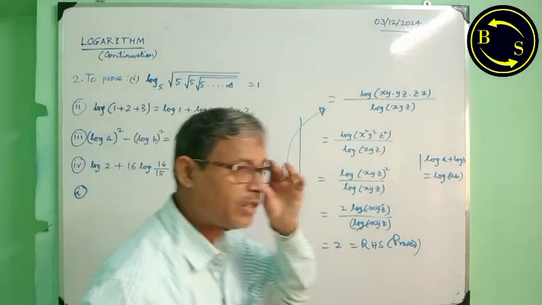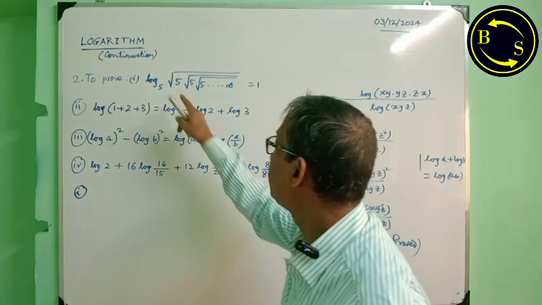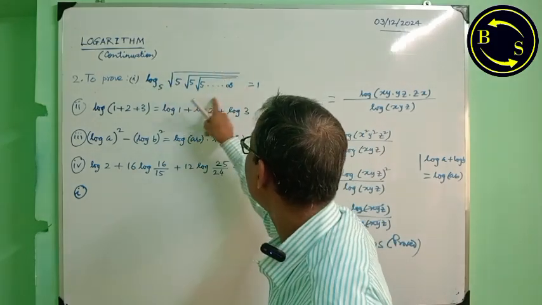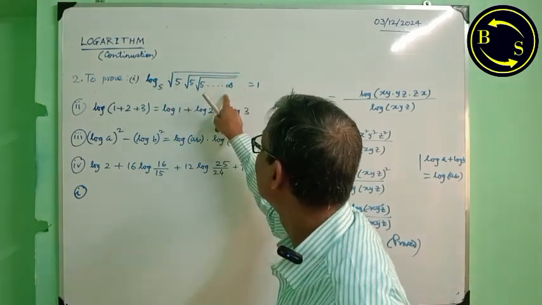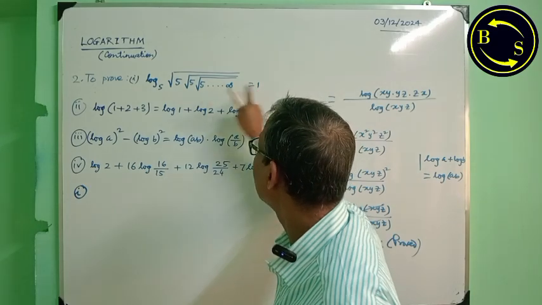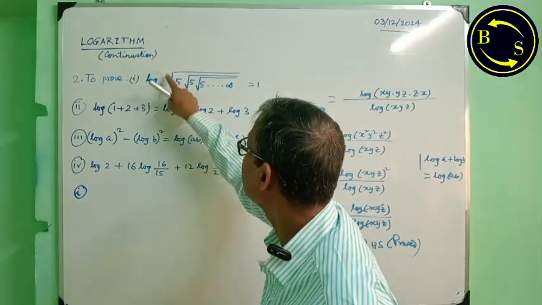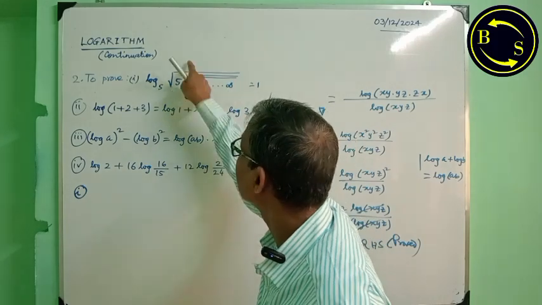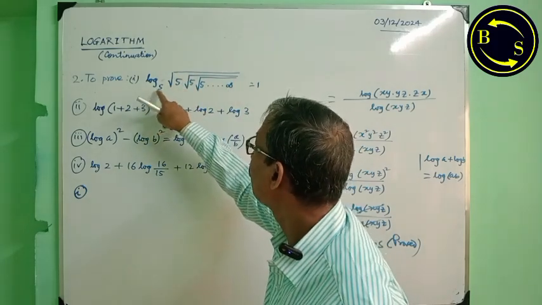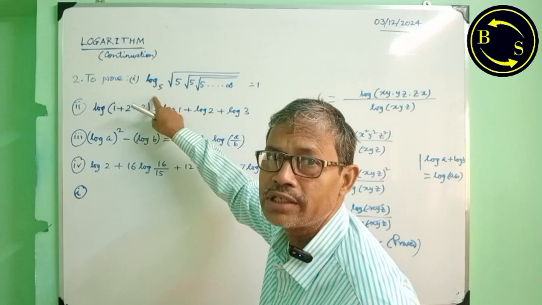For solving that, first of all, I calculate the value of this part. Since it is 1 and we find the base is 5, that means it should be equal to 5, so that log of 5 to the base 5 will be equal to 1, as per formula 1.